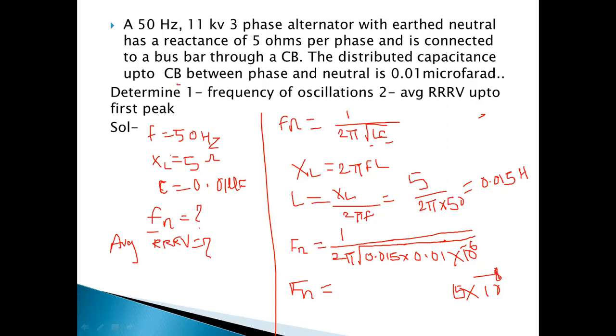Right. So this will be total 10 raised to minus 11. Right. 15 into 10 raised to minus 11. Just take the square root of this term.